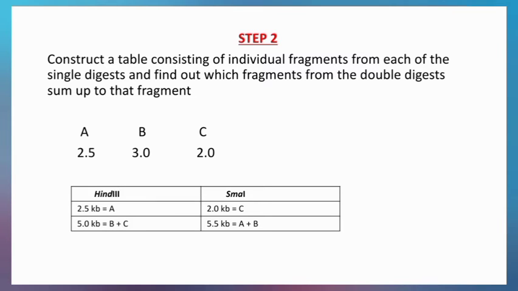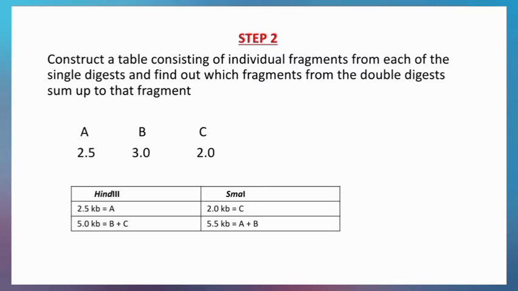From the double digestion, we said let's make the 2.5 fragment equal to the letter A. So let's take the 2.5 fragment from the Hind 3 digestion. We have the 2.5 kilobase pair as one fragment, and luckily for us, we have the 2.5 kilobase pair fragment from the double digestion too.